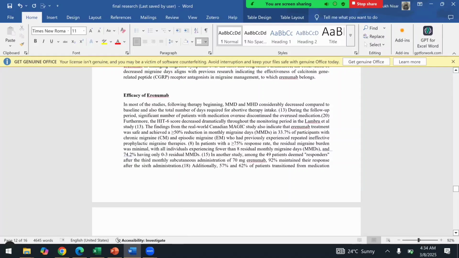So there should not be any line where there is no reference. Even when two lines are taken from the same study, for example, if this is from article 13 and this is also from article 13, then you have to put your reference at both places after each line. You cannot have it after two lines if they are from the same study.